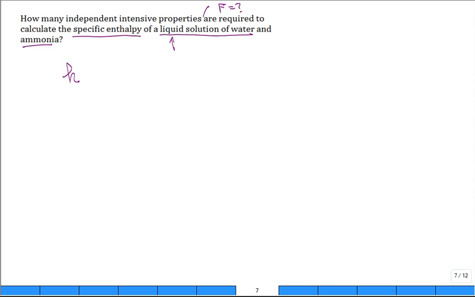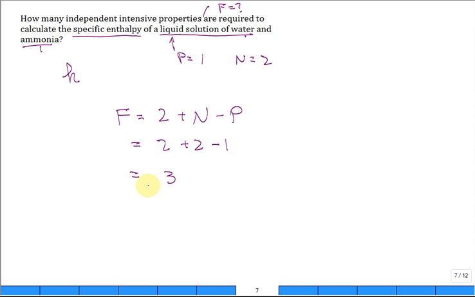So P is 1. N, water and ammonia, N is 2. So if I wanted to know F, the number of independent intensive properties, so I'm able to calculate a property like specific enthalpy using Gibbs phase rule, 2 plus N minus P. Let's substitute the numbers. 2 plus 2 minus 1. How many do I need?